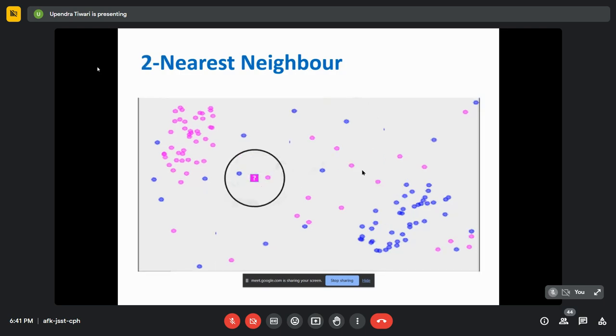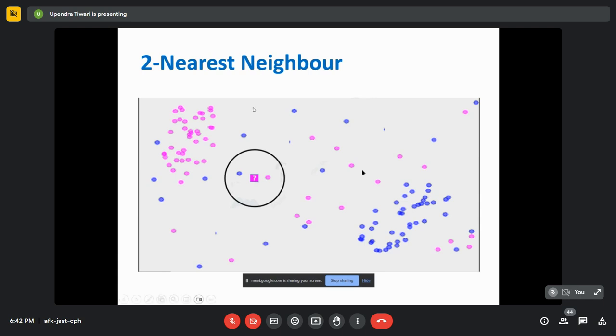Now let's talk about the two nearest. When you take the value of k as an even number, what will happen? There might be a probability where the two nearest data points to this new input, unfortunately, are one from the blue class and another from the pink class. So there's a tie.